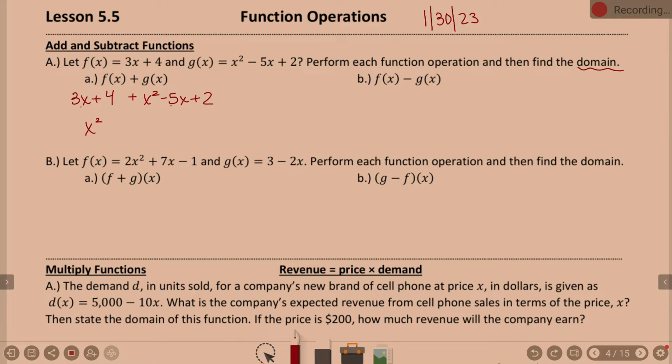Yeah, 3x minus 5x is going to be minus 2x. Or I should say 3x plus negative 5x, I guess. And then, in terms of constants, we have 4 plus 2, which is 6. Okay. Given two basic functions, you're asked to add them, just put the like terms together. Okay, nothing fancy here.